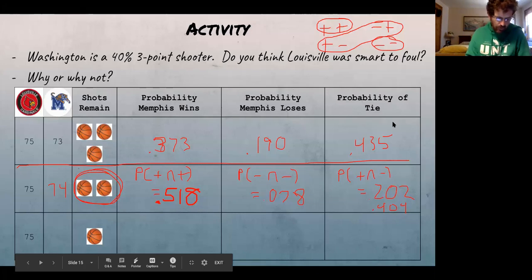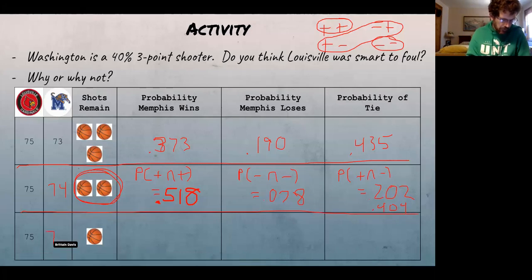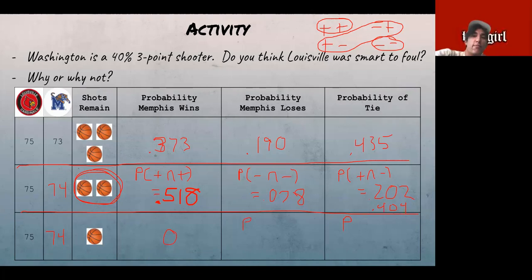So now we're just going to calculate this one last time. 74 to 75 is the score. There's 1 shot left. Can he win? No. What is the probability that he loses? 0.28. Yeah.